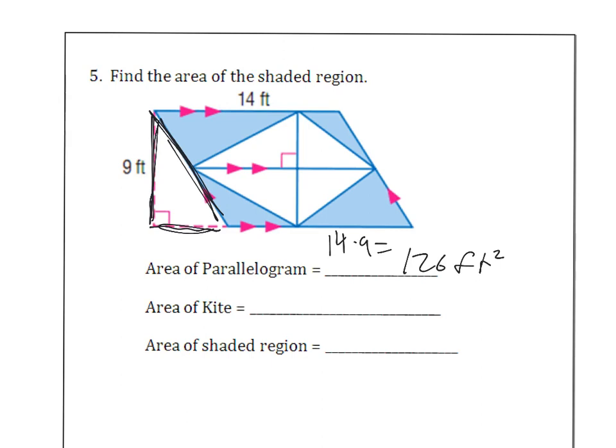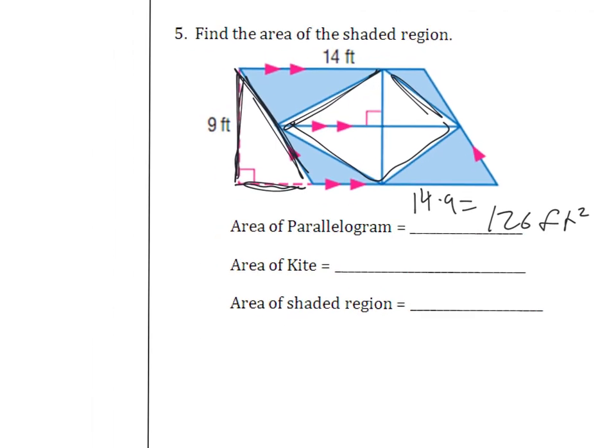The area of the kite is this part. Remember, for a kite, you have to multiply the two diagonals and then divide by 2. So this vertical diagonal right here is going to be 9 feet. So I'm going to take 9 times the other diagonal.